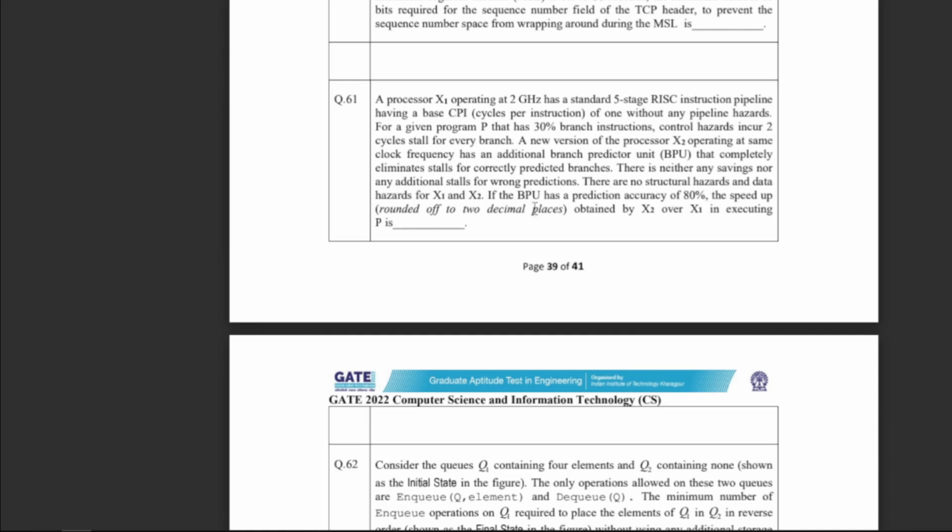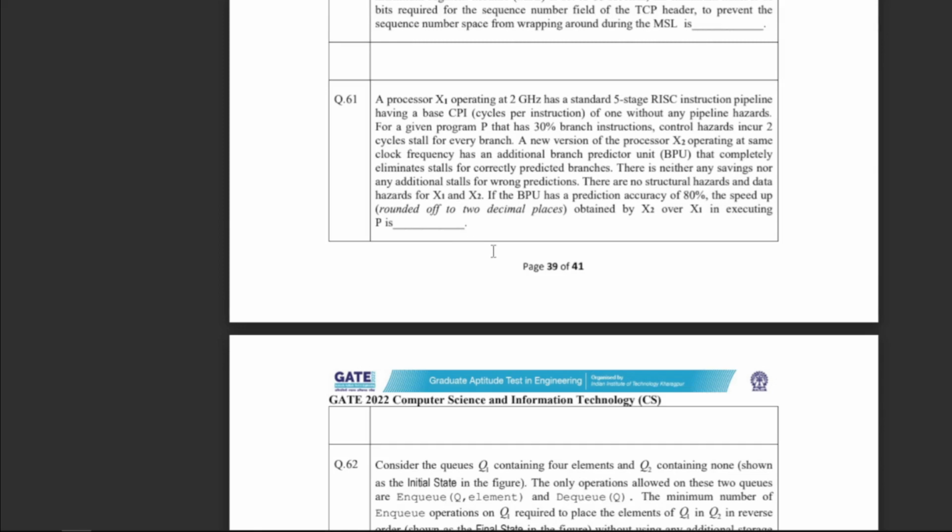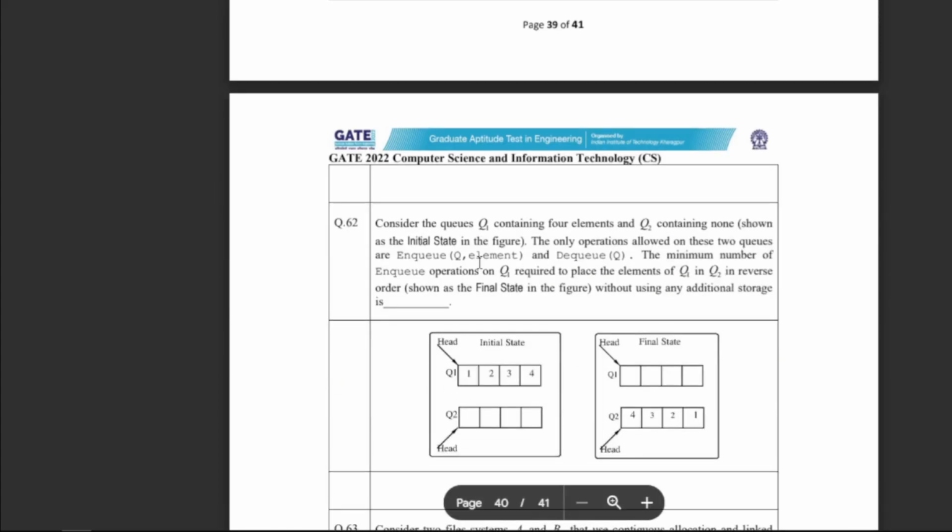There is neither any saving nor any additional stall for wrong predictions. There are no structural hazards and data hazards for X1 and X2. If the BPU has a prediction accuracy of 80%, the speedup, rounded off to 2 decimal places, obtained by X2 over X1 in executing P is, so for 61 our answer is 1.42 to 1.45.